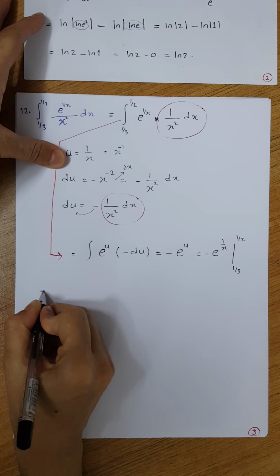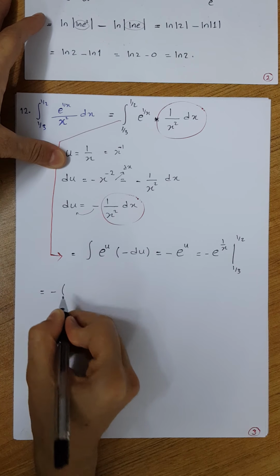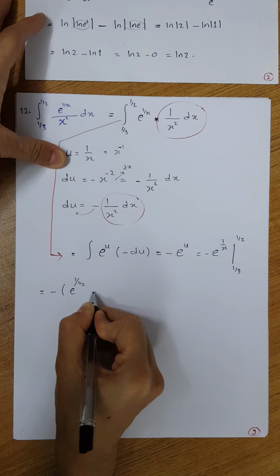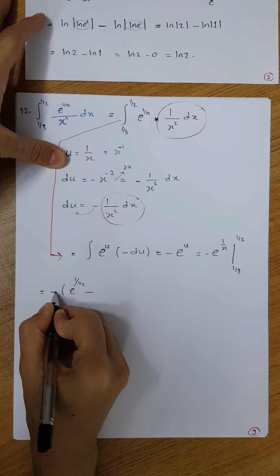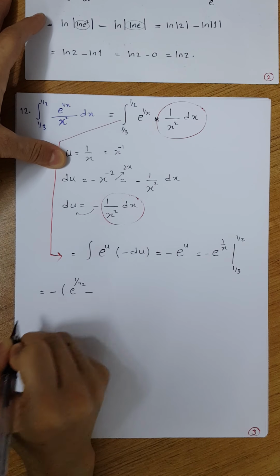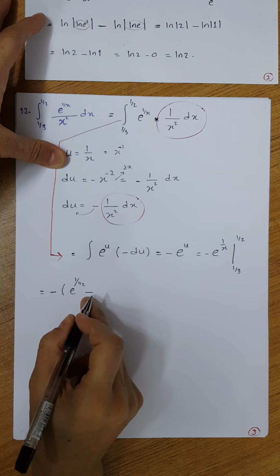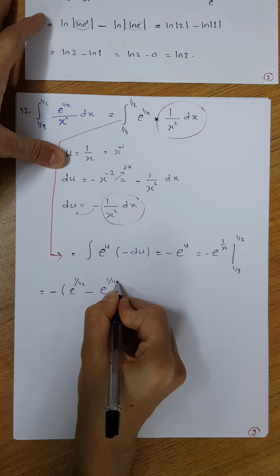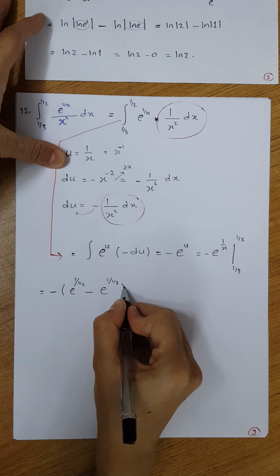So that is equal to what? First we input e to the power of 1 over 2 minus, okay, that minus I have taken out, so it's not doing anything to the negative inside here, e to the power of 1 over 3.